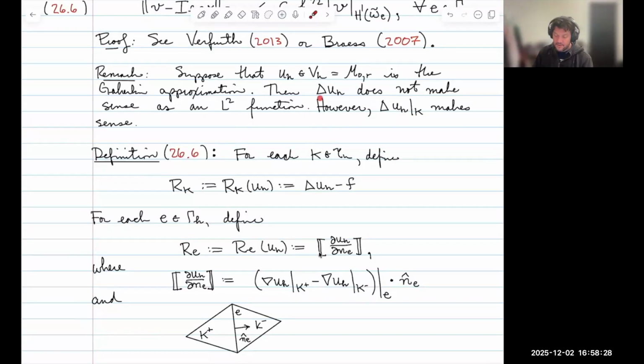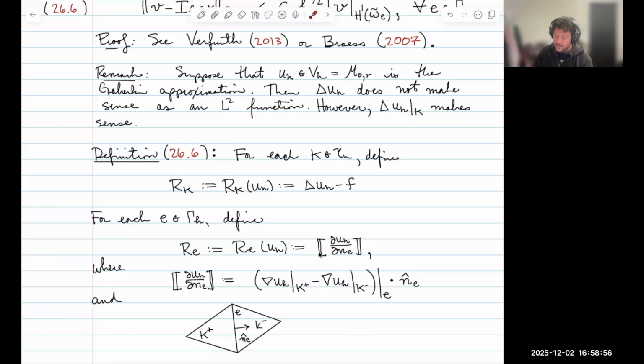If we take the second derivative of u_h, that's a nonsensical object, right? Because this thing is in H1, but it's not in H2, so I can't take the Laplacian of that object. So while this doesn't make sense on a global scale as an L2 function, this function does make sense locally.